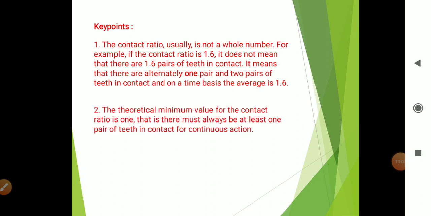These are the key points, very important points. The first key point: the contact ratio usually is not a whole number, that is 1, 2 or 3.